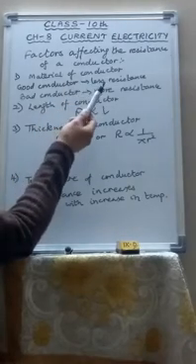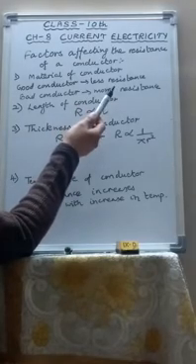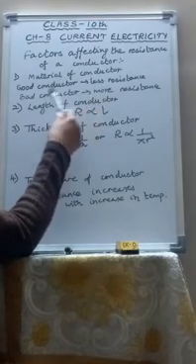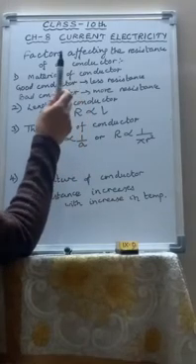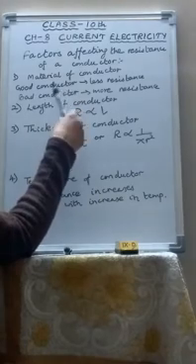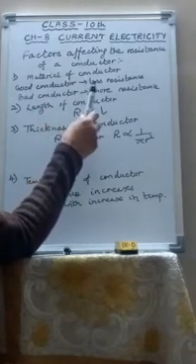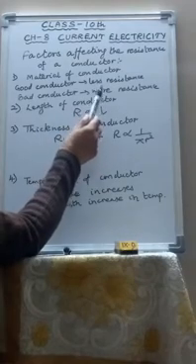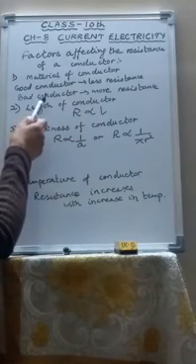Metals such as silver, copper, aluminium, lead have a high concentration of free electrons, so they offer less resistance. And materials such as rubber, glass, wood, which are bad conductors, offer very high resistance, so they are called insulators of electricity.